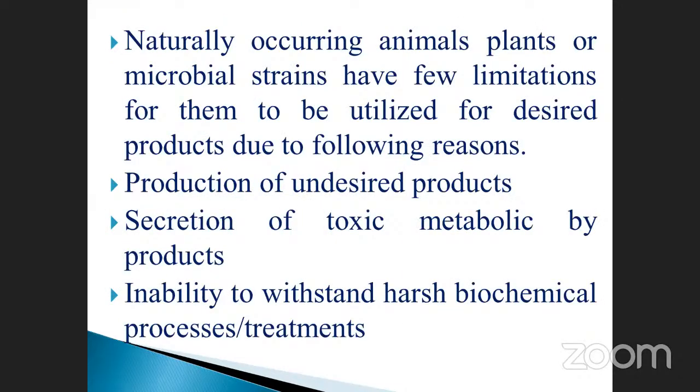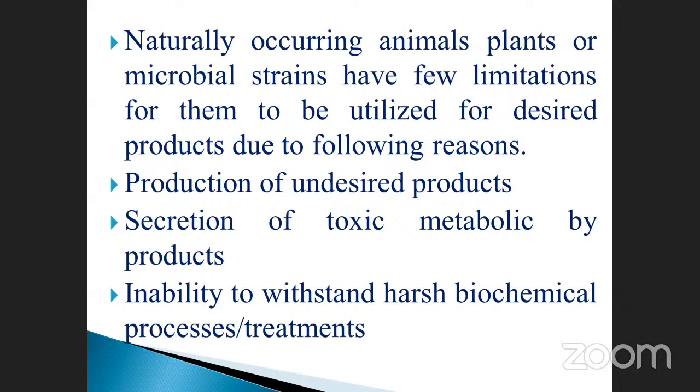Naturally occurring animals and plants or microbial strains have a few limitations for them to be utilized for the desired product, due to the following reasons. Why are we using this one? Natural animals and plants also have particular limitations, isn't it? Then how will it be used for commercial purposes or genetic engineering?